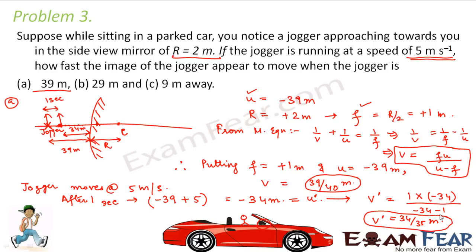That means the position of the image shifted. So what did we see? In 1 second, the position of the image shifted from v to v dash, right?